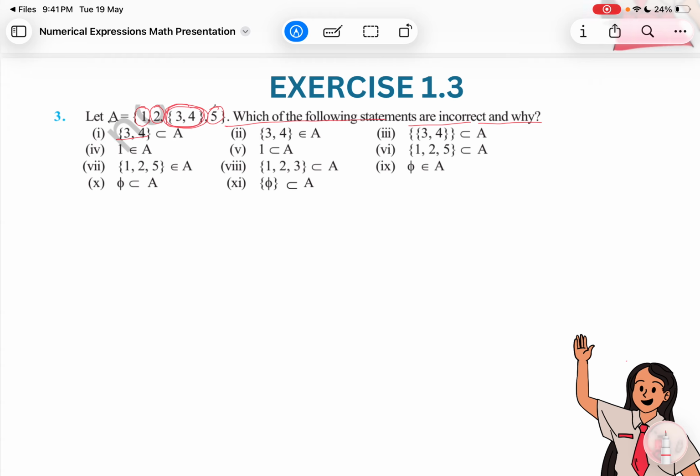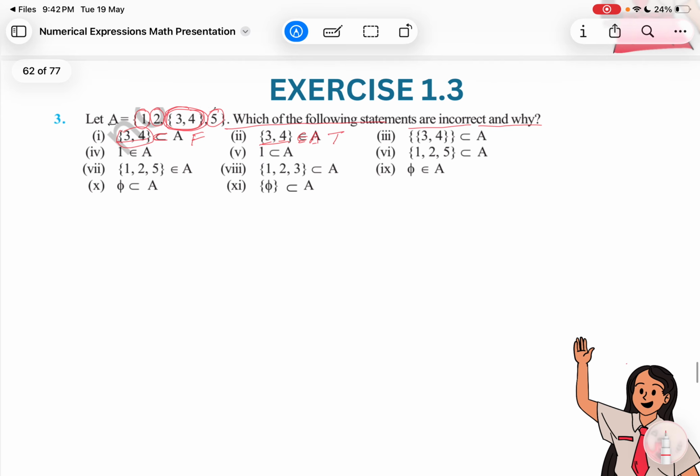Okay, so 3 and 4 is an element. An element cannot be compared as a subset. Now 3 and 4 belongs to A. True. Why? Because if we have the element, we can check whether this belongs to A or not. Okay, so this is true.